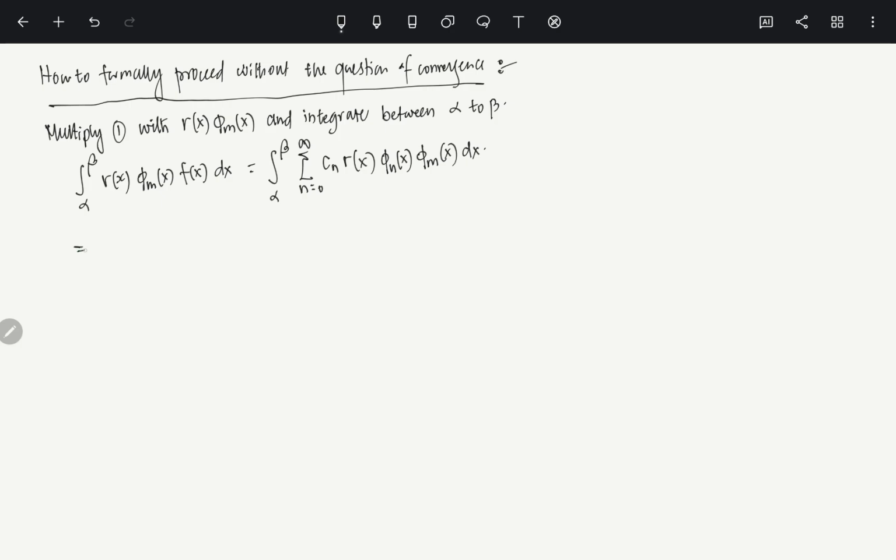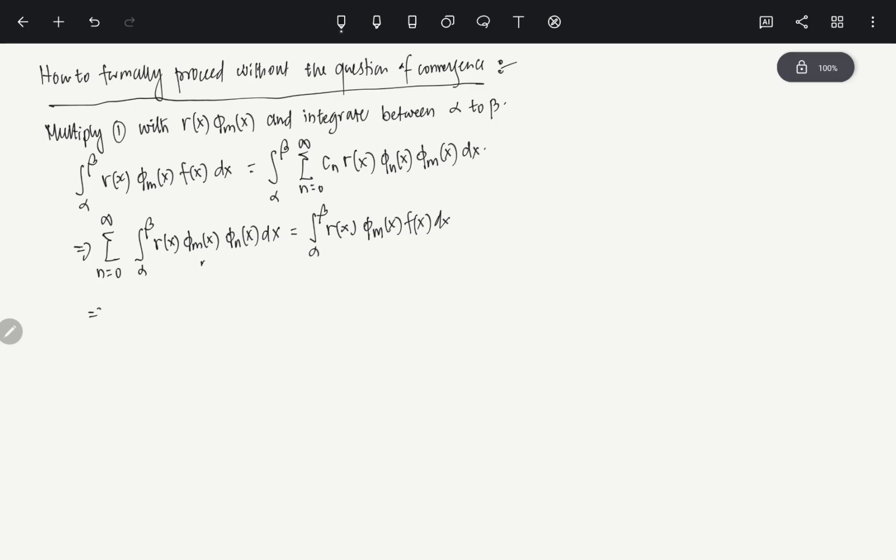Once you do that, from here what can you write? This is summation n equals 0 to infinity, and this integral is from alpha to beta of r(x) phi_m(x) phi_n(x) dx, and that is nothing but the integral from alpha to beta of r(x) phi_m(x) f(x) dx. And this is the orthonormal basis, the phi_n's are orthonormal with respect to the weight r.